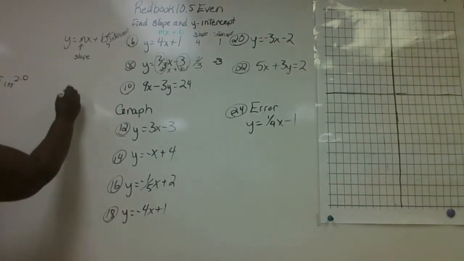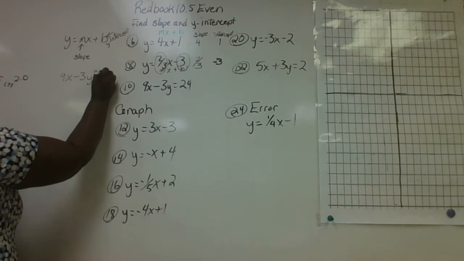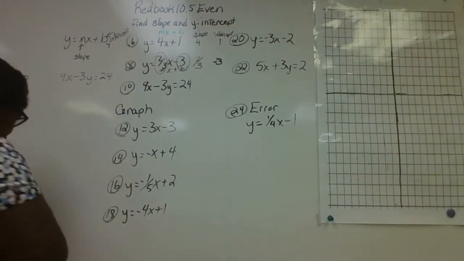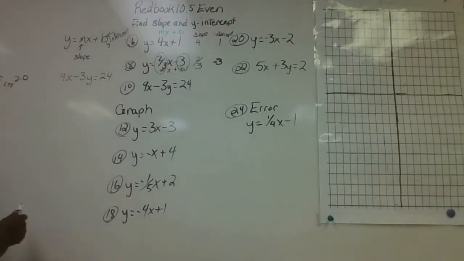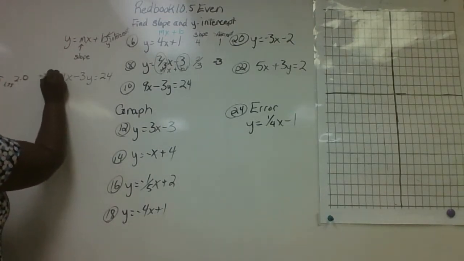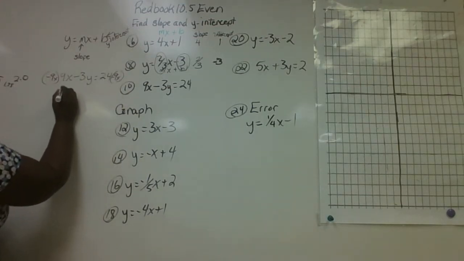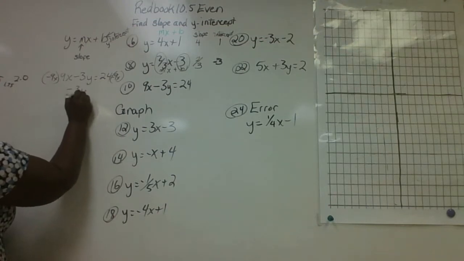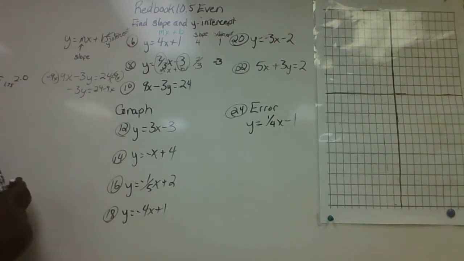So let's use our workspace over here. In order to put it in slope-intercept form, we must isolate our y. So here we're going to move the 9x. And we'll be left with -3y is equal to 24 minus 9x.